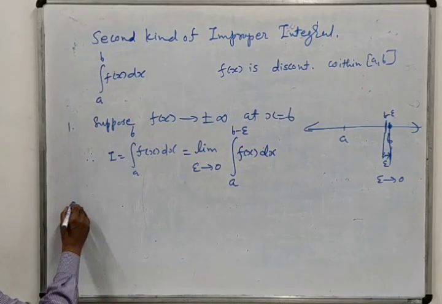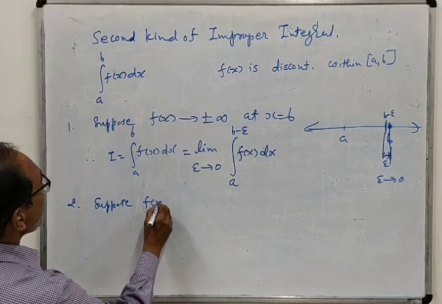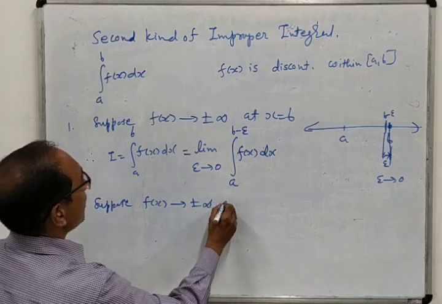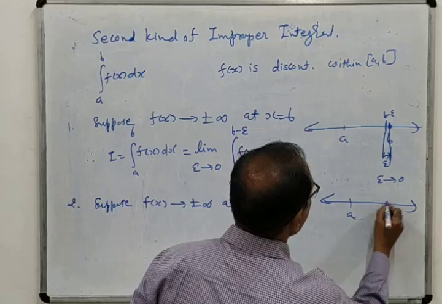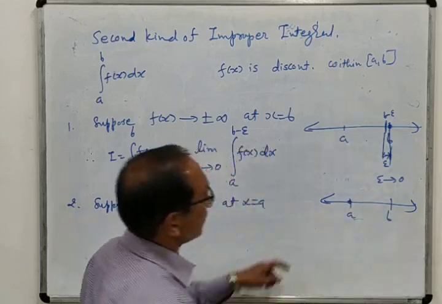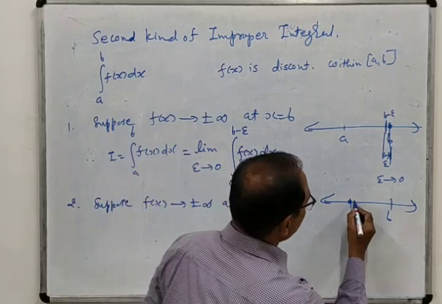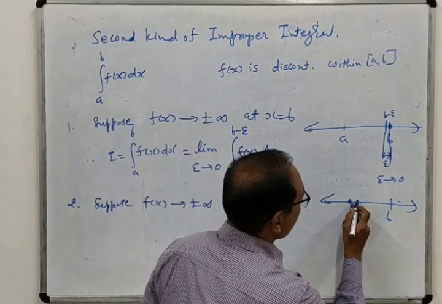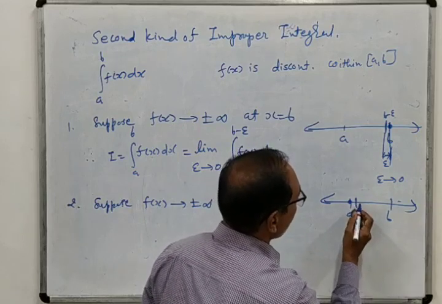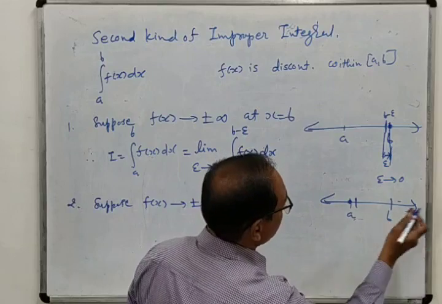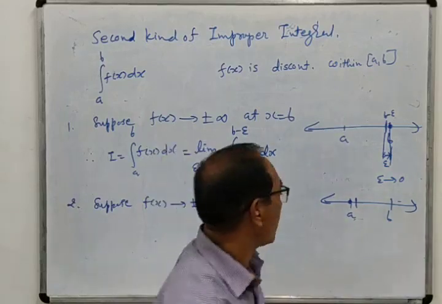The second type is that suppose f of x tends to plus or minus infinity at x equal to a. If it is the point A and the point B, we say that it is discontinuous at x equal to a, and otherwise continuous at every point from near A to B. So we consider the point near A on the right-hand side, because we have to work within A and B only.